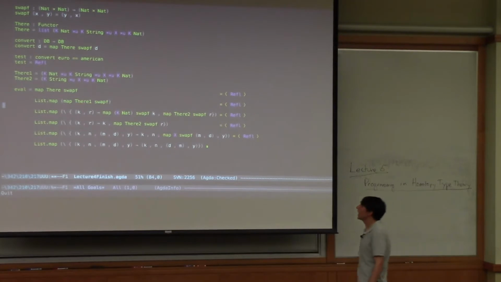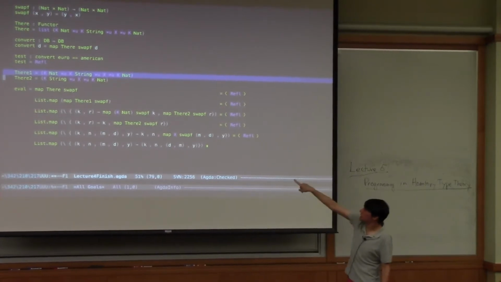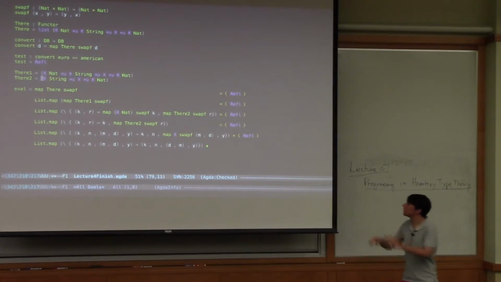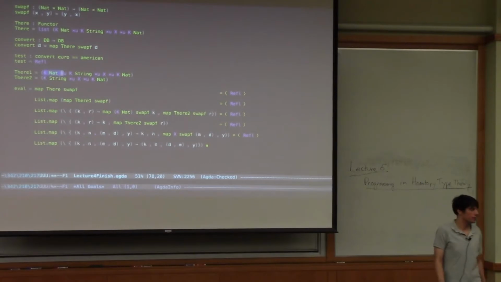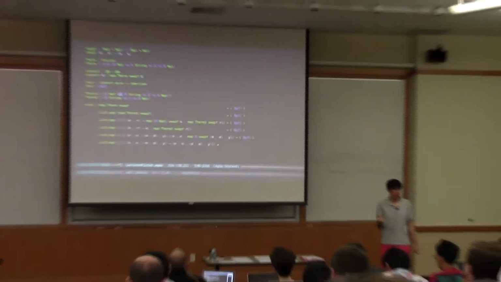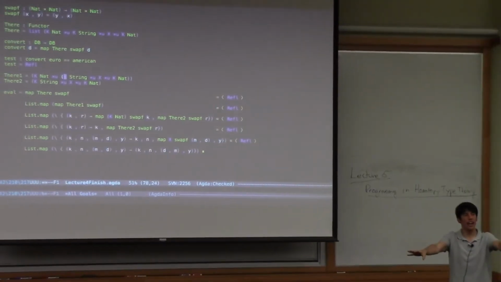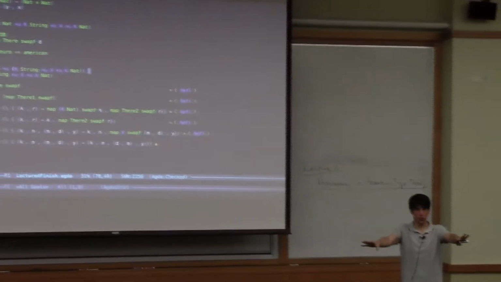Well, the outer connective of there one is, because products are implicitly right associative, that first product, that first knat cross stuff, right? So that's the outer connective there. And you remember from the map library from yesterday what map at products does. Map at products applies map recursively to the two sides of the tuple.